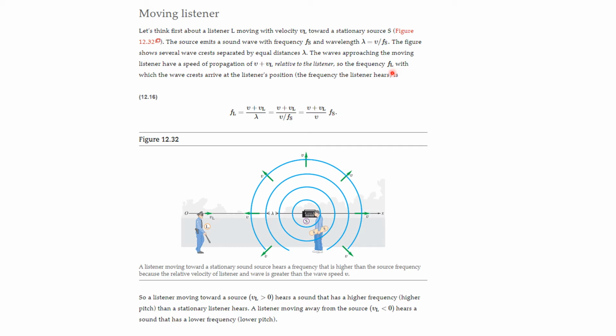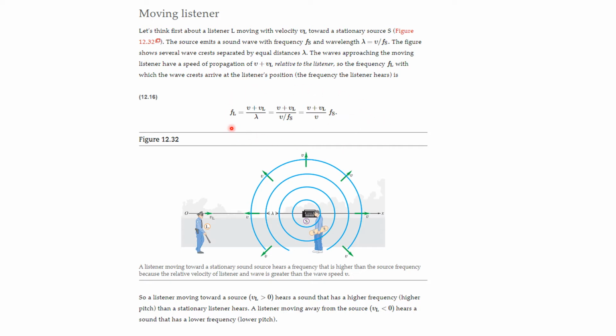So the frequency f sub l that the listener hears, with the wave crests arriving at the listener's position at a greater frequency, is v plus v sub l divided by lambda. We can use the fact that lambda is equal to v over the frequency of the source, simplify, and we end up with this equation.